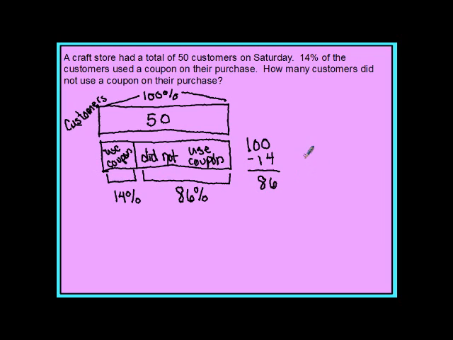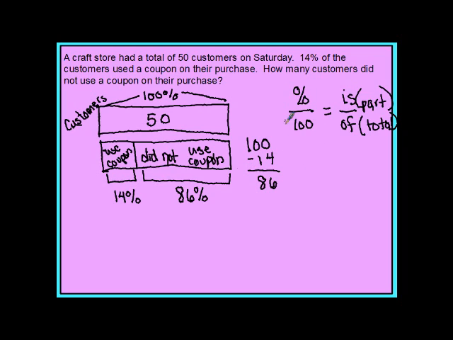Now that I have my diagram set up, I can use a proportion to solve the problem. And remember, our proportion is percent over 100 equals is over of. And is represents the part of the total, and of represents the total.